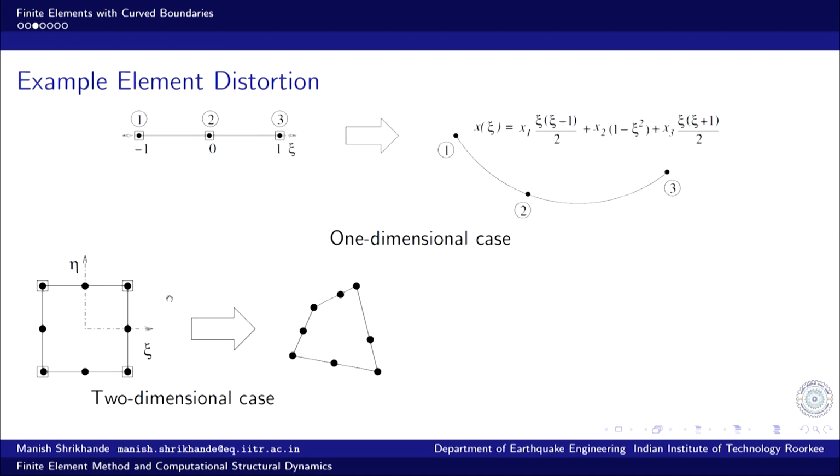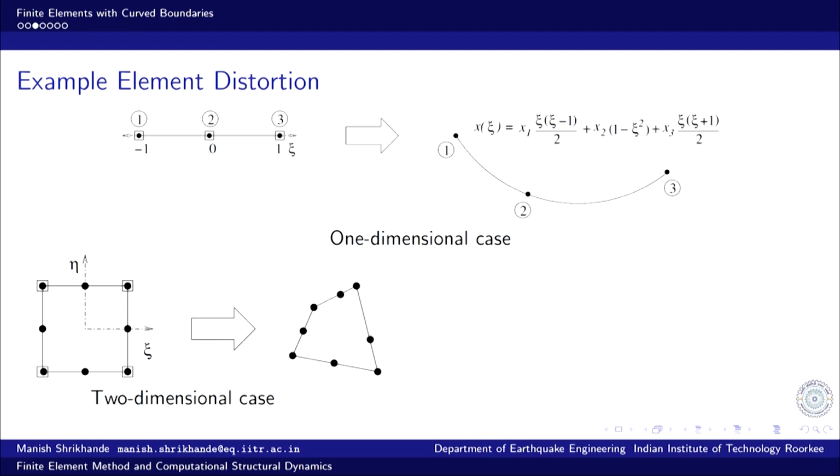So, we just defined coordinates of corner nodes that are indicated by these small squares. These are the nodes which are used for defining the geometry. Filled circles are the nodes which are used for defining the primary variables.